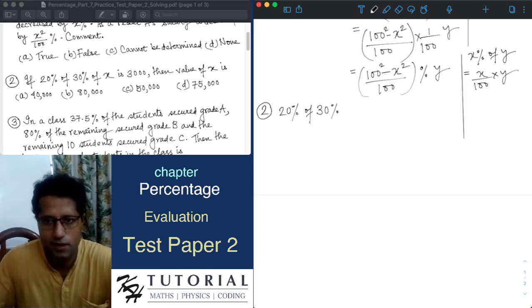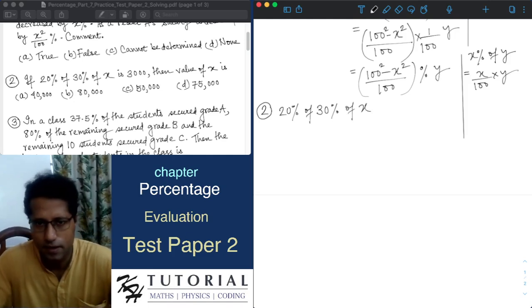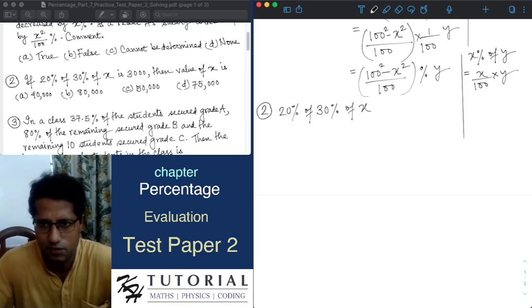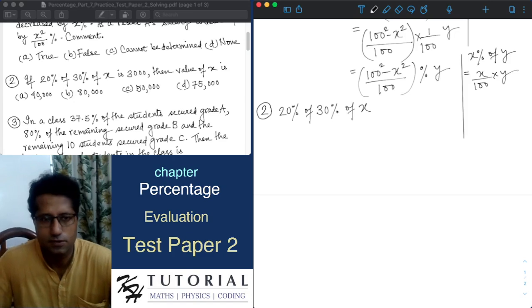Whenever you have this chaining of percentages, with multiple percentages and multiple of operators, and on the extreme right you have the value on which the percentages are being computed, you always evaluate the percentages and the of operator from the right side.